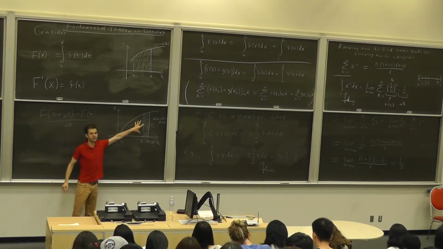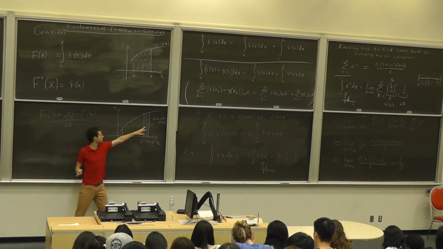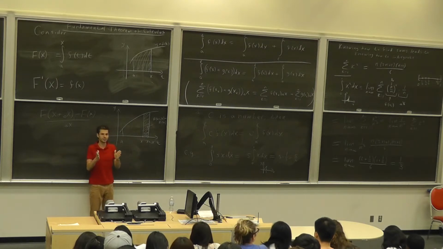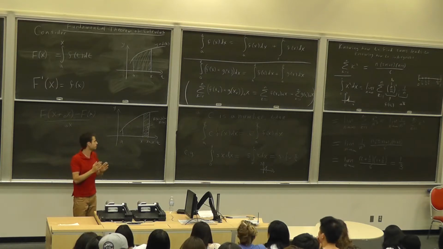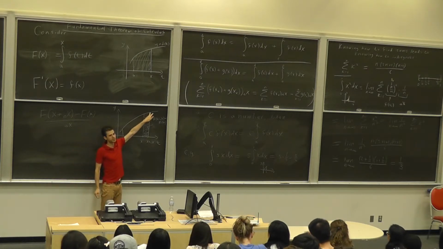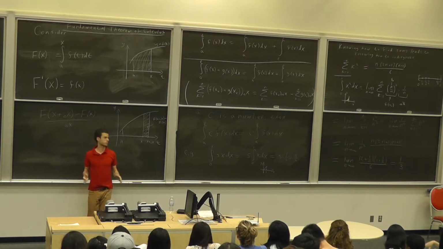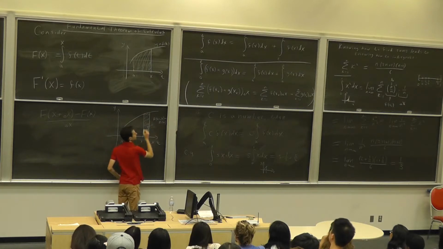Now I'm taking this area and dividing it by delta x. Well, this thing is a really thin rectangle. It's almost a rectangle. It's a little bit curved, but not really that much. So the difference between this and the actual rectangle is quite small.